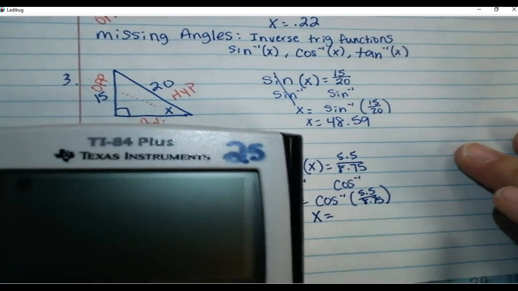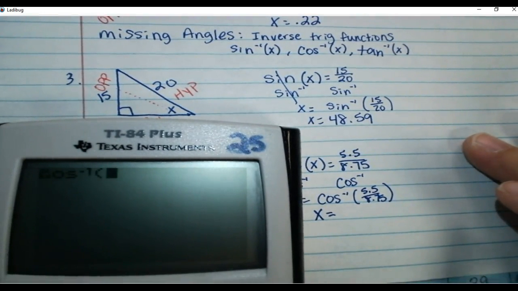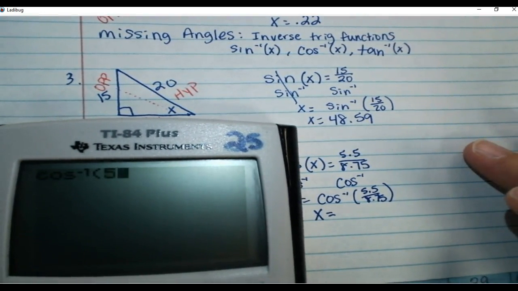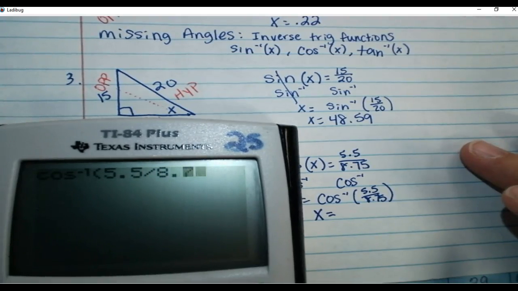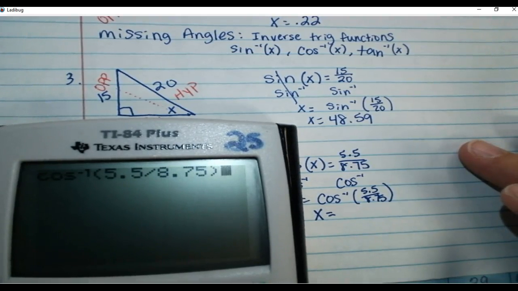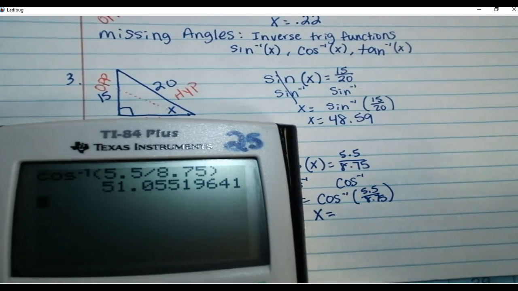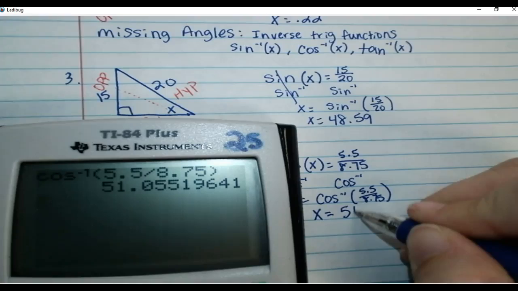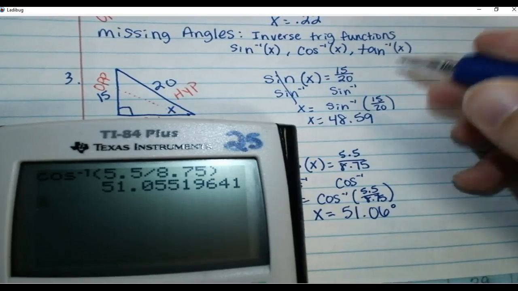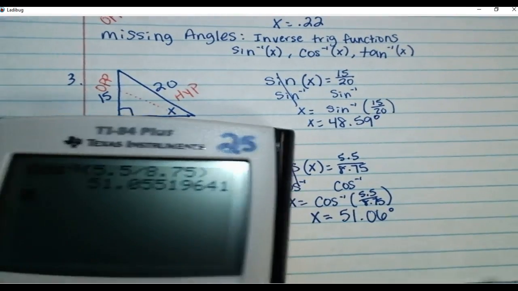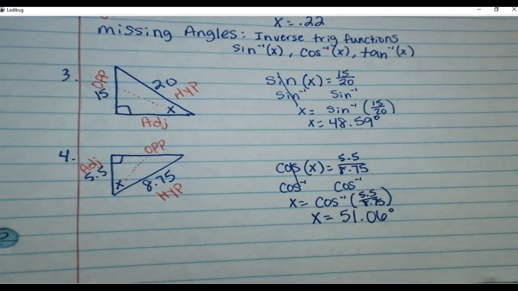Again, to type it in, you just hit second cosine. And then 5.5 divided by 8.75. Or you can type it as a fraction, it doesn't matter. And hopefully you get 51.06 degrees. I forgot to put degrees up here. Question.